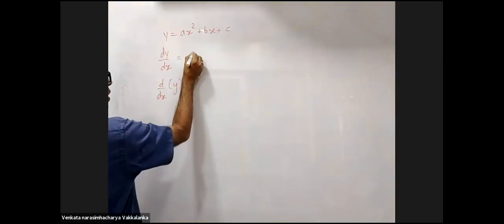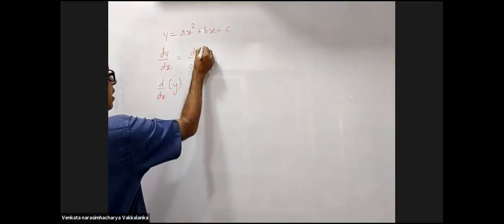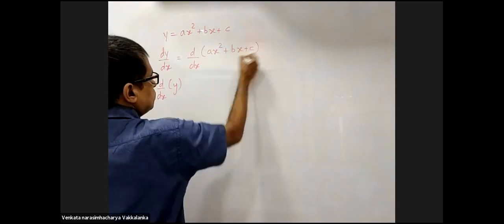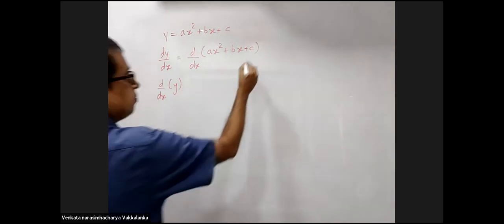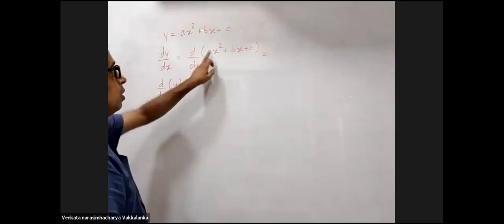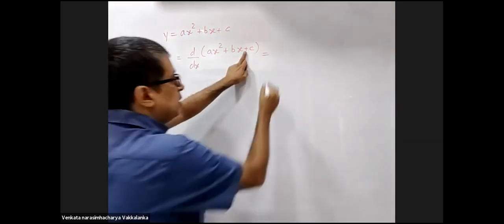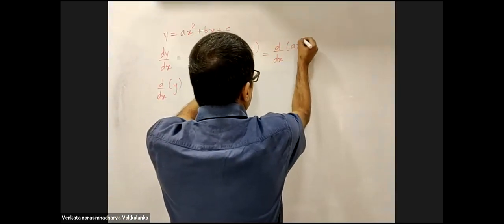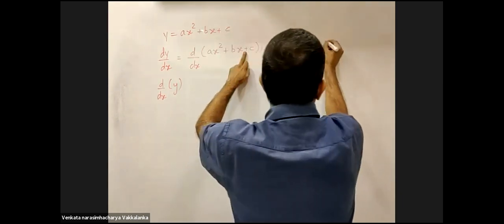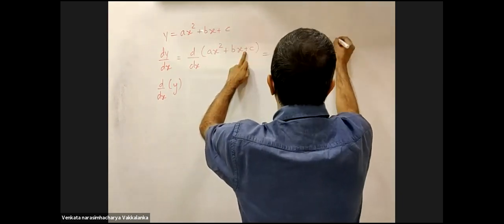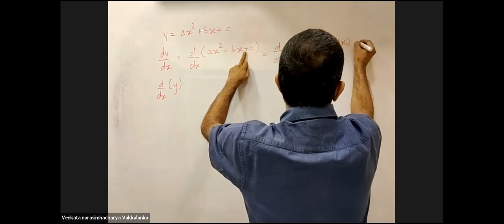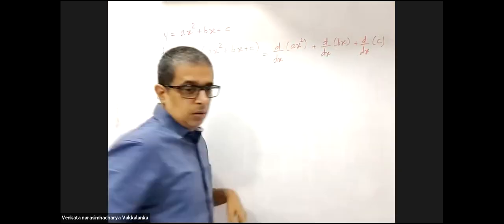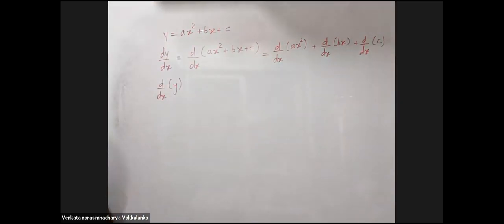How do you evaluate this? D by dx of ax square plus bx plus c. Open up the bracket. D by dx of ax square plus d by dx of bx plus d by dx of c. What have I done? I have opened up the bracket.